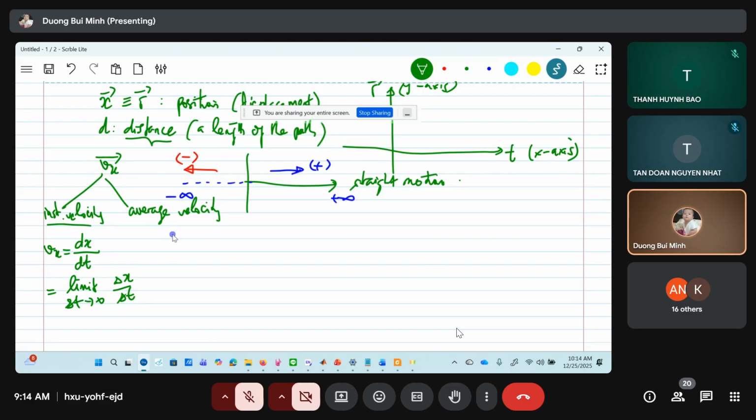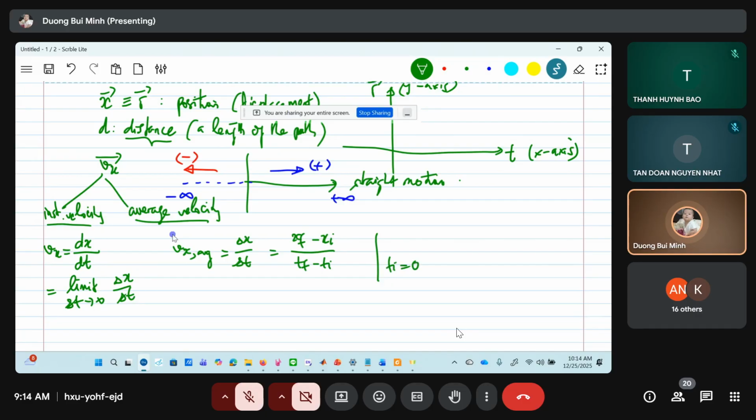And of course, we know how to calculate average velocity. We have vx average, which is delta x over delta t, where delta x is xf minus xi, over tf minus ti.